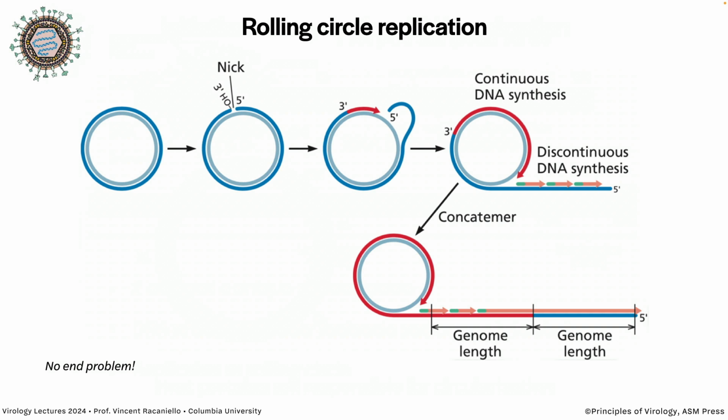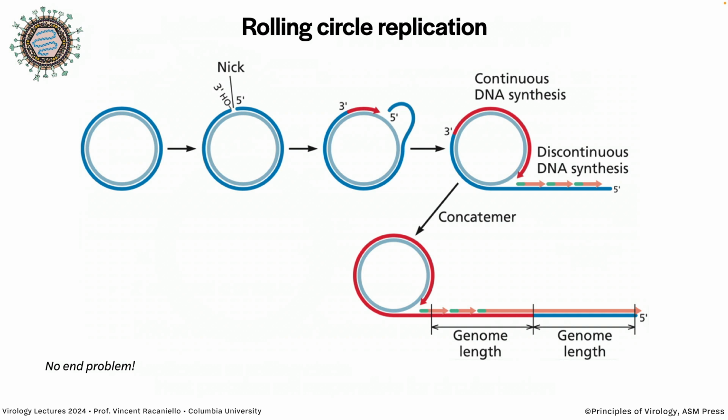These are repaired, the RNAs are removed, and the DNA is filled in and ligated, so there's no end problem because you can continuously fill in those gaps. And these are made in very long molecules, and it's not until they're packaged into new capsids that they get cleaved. So they exist in the nucleus as really long DNAs encoding multiple genomes in them.